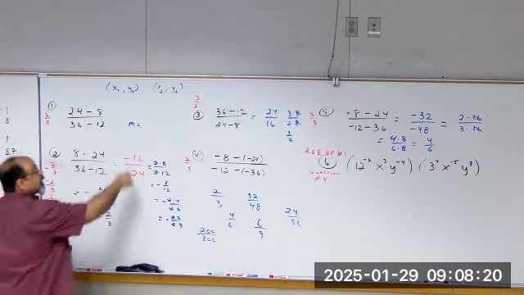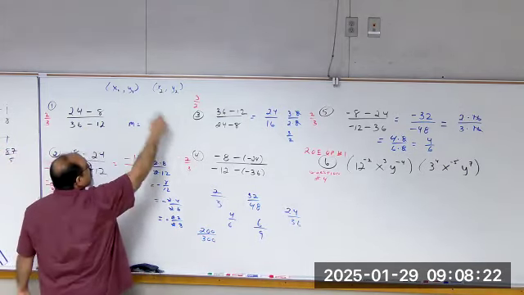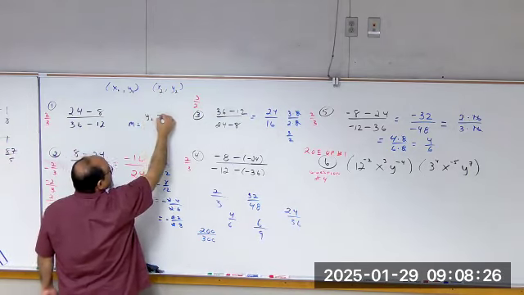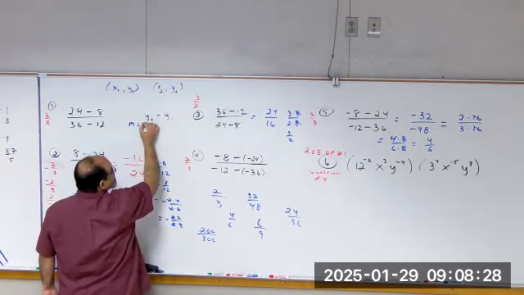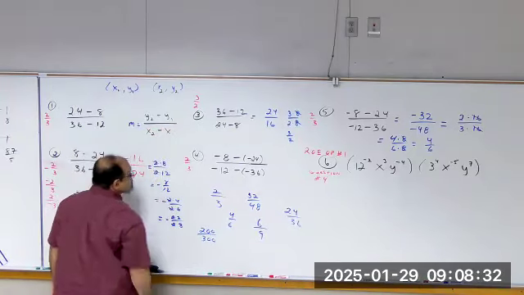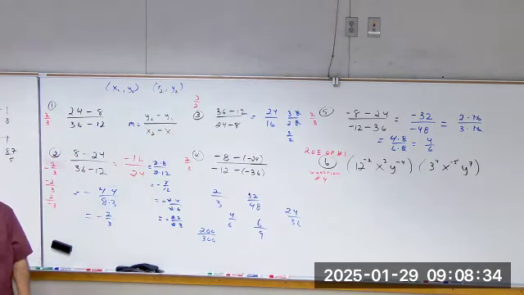So when we do slope, again, little preview, we take the difference of the y's. We go y sub 2 minus y sub 1 divided by x sub 2 minus x sub 1. Why do we start with y sub 2? It doesn't matter which one you start with. It's just a label.